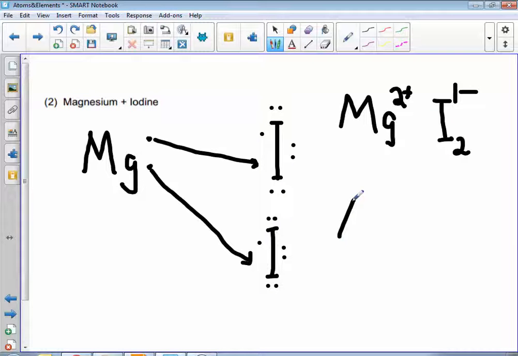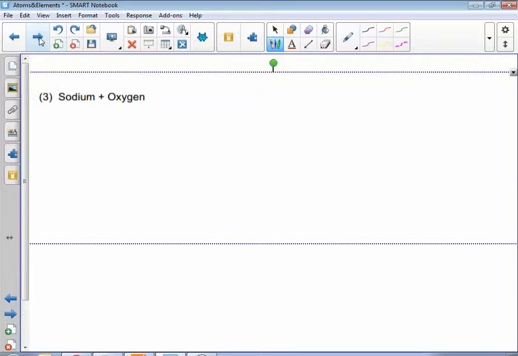The final formula is MgI2, magnesium iodide. This step simply shows that you understand the ionization part. And then we'll do one more.